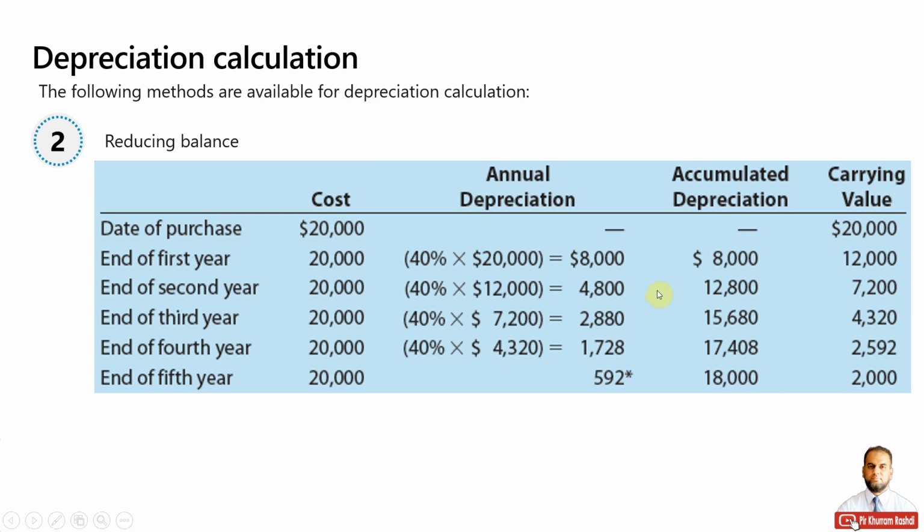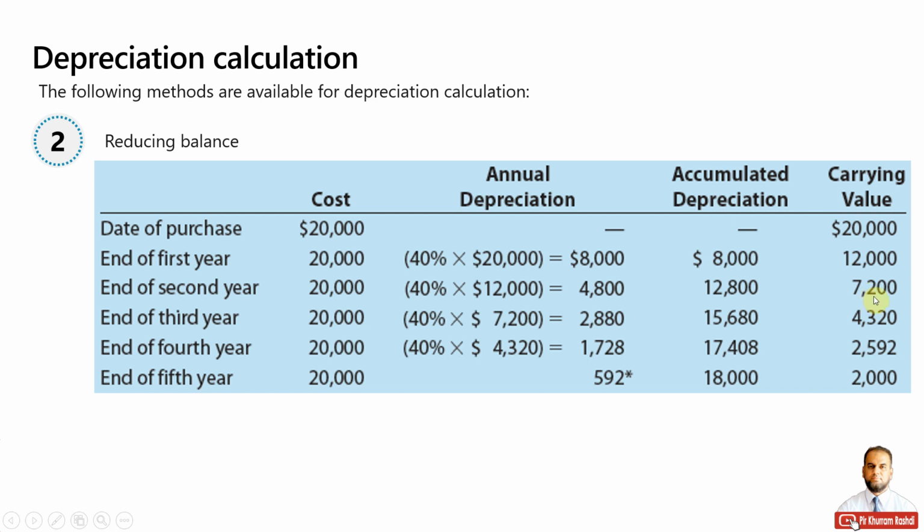So definitely once you add 4,800 to 8,000, the accumulated depreciation will become 12,800, and once you subtract this from the actual cost, it will become the net book value, that is 7,200.